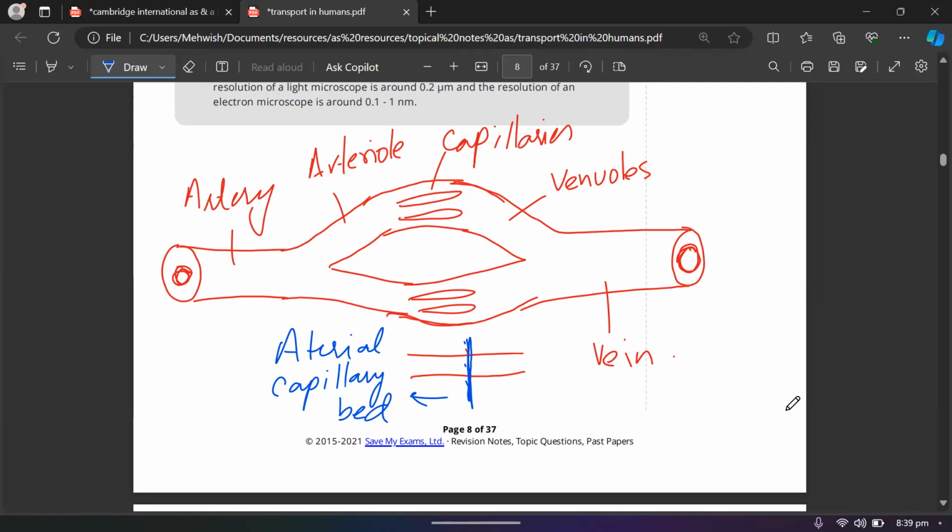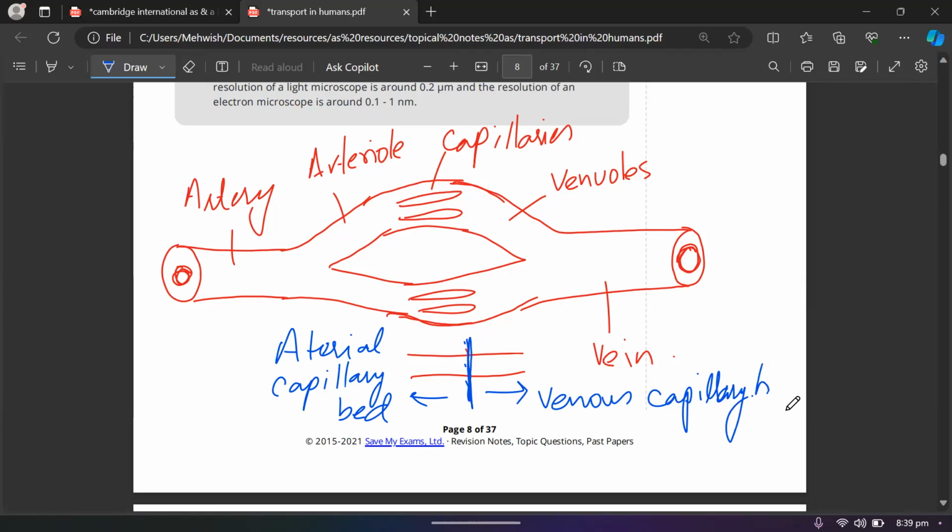Why is it called the arterial capillary bed? Because it is near to the arteries. And this side will be called the venous capillary bed, meaning that they are present near to the veins.